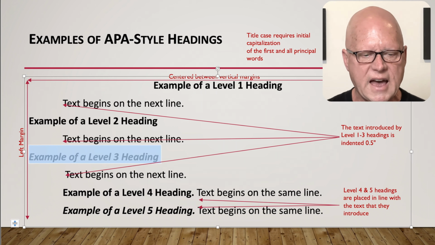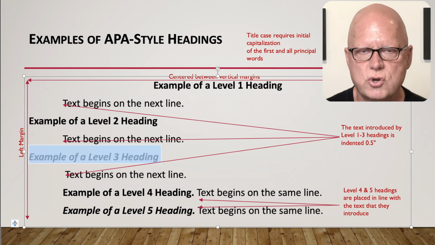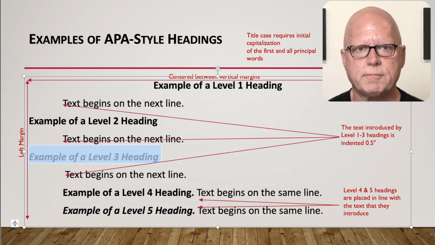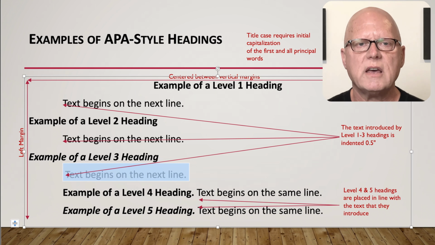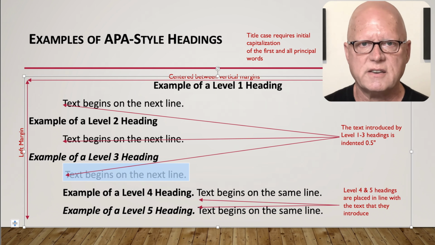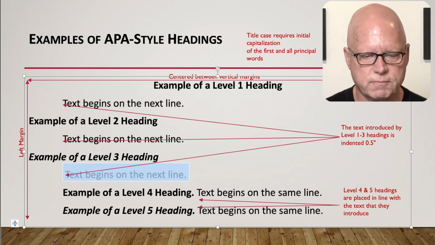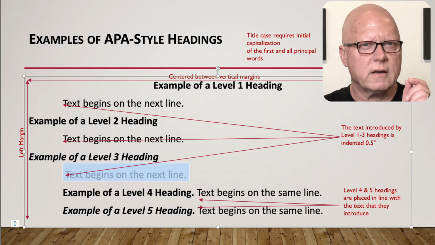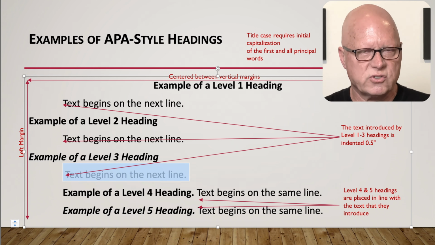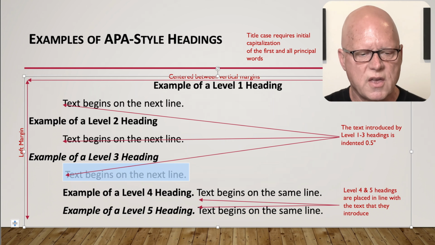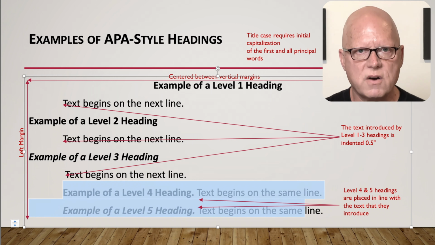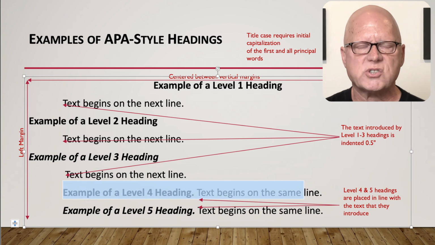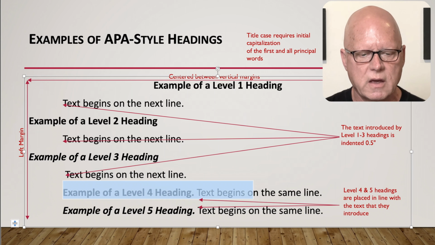A Level 3 heading is very similar to a Level 2 heading in format, except it includes italics. And the body text that immediately follows it is first line indentation of 1/2 inch. Now, Levels 4 and 5 headings are a little bit strange. They are presented as part of the paragraph of text that they're introducing.